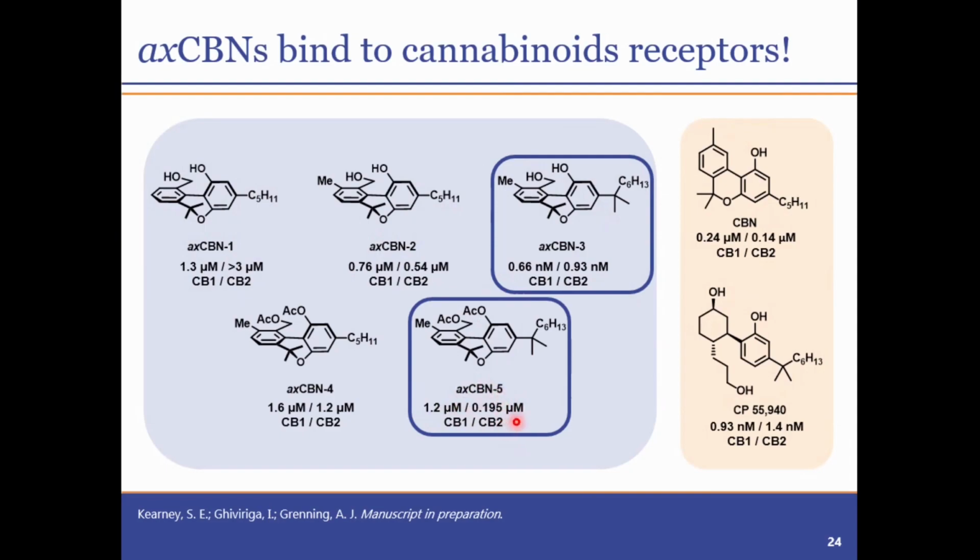And so what's interesting about this to us is that now you have a 6-fold preference or selectivity at CB1 over CB2. And so in drug discovery for cannabinoids, finding a selective CB2 modulator would be very exciting, because if we could selectively target CB2, that opens up a lot of possibilities for imparting the desirable cannabinoid effects without the attendant psychoactivity liabilities. So this is really exciting data for us.